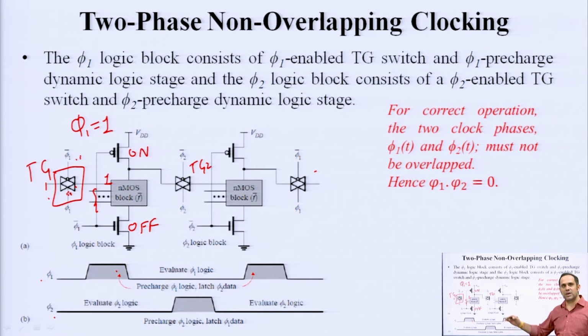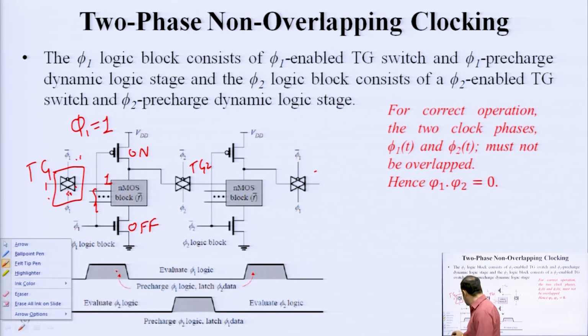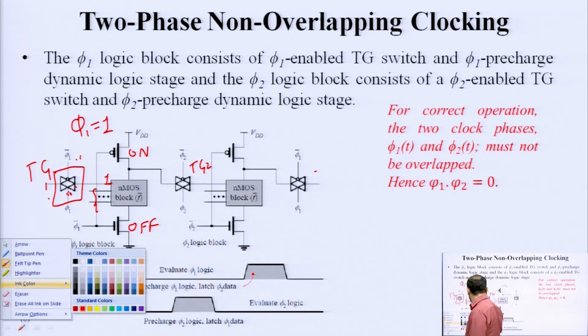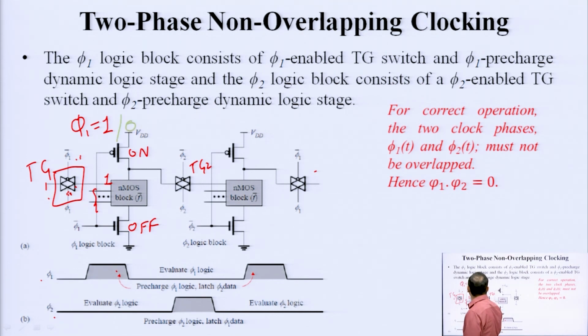So, when phi 1 is 1, phi 2 is definitely going to be 0, this switch is closed, and pre-charging is taking place. When phi 1 goes to 0, this becomes off and this becomes on. At this point, you are going to have logic 1 here. So, this is going to be on and this is going to be off.